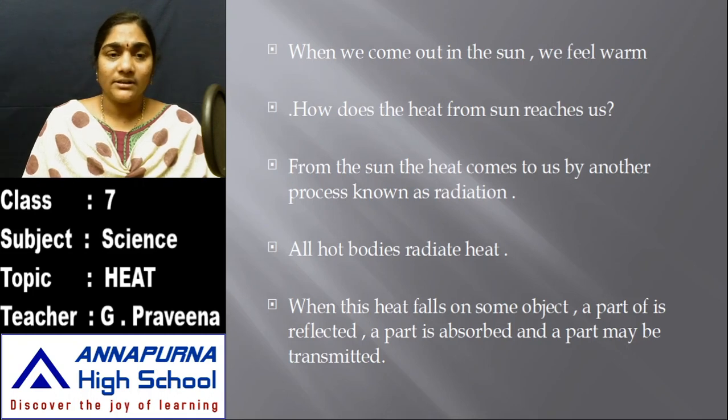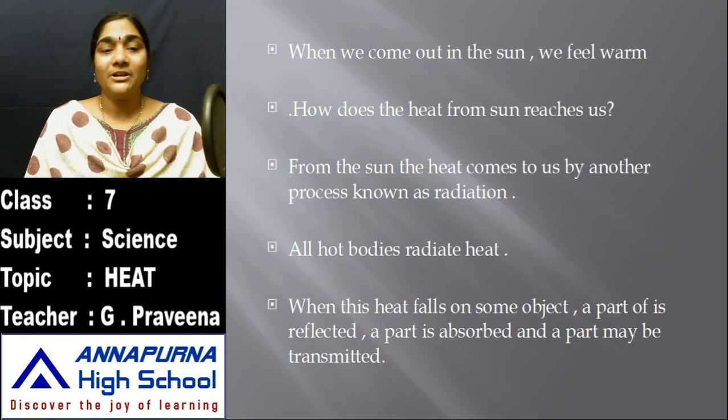Here the heat directly reaches us, there is no mediator in between for that heat to be absorbed by us. There is no medium present between the sun and the human body to receive that heat. So no medium is required for the process of radiation.